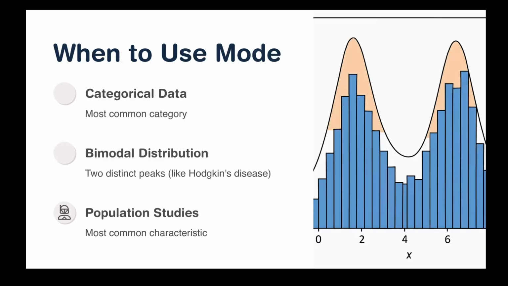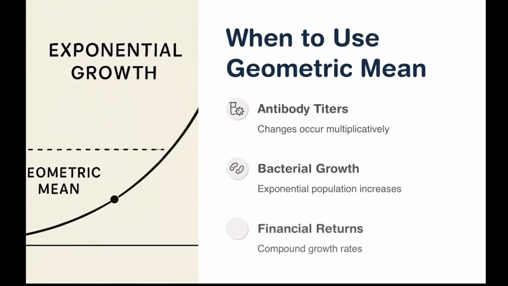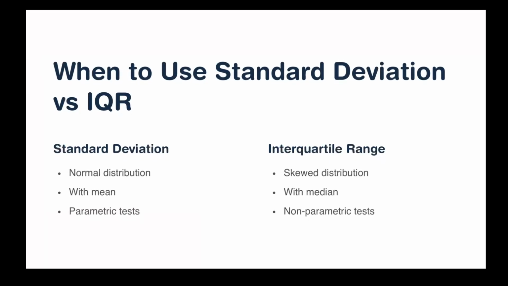And if there are two distinct peaks, a bimodal distribution, like Hodgkin's disease, we use mode in these situations. Geometric mean is for any logarithmic expression of the data, such as antibody titers, bacterial growth, financial returns, and compound growth rates.